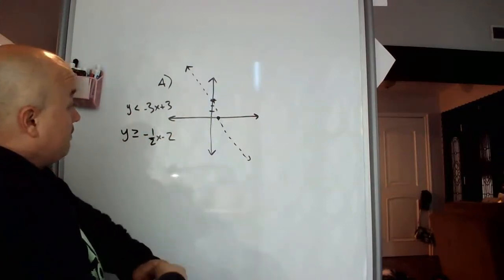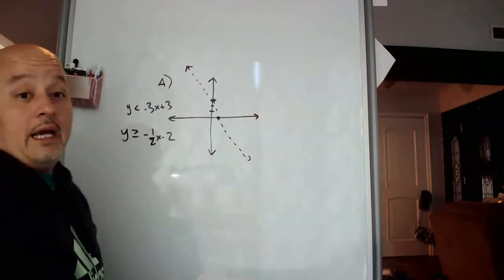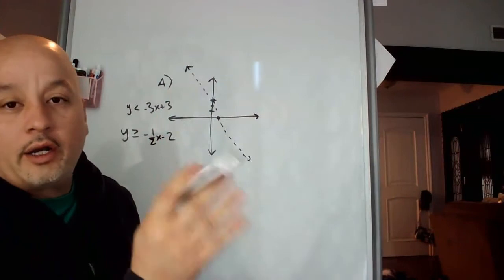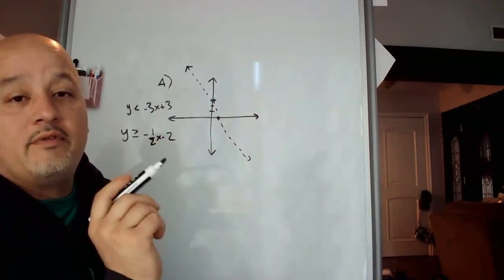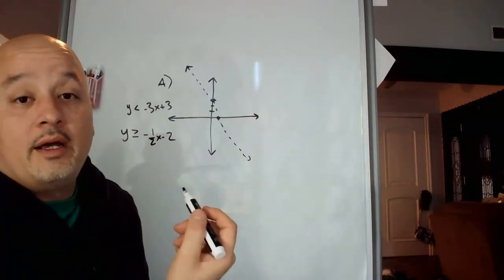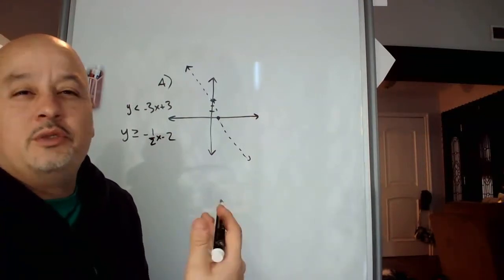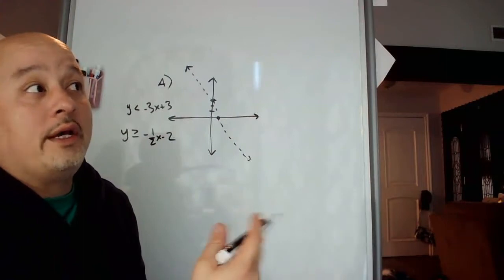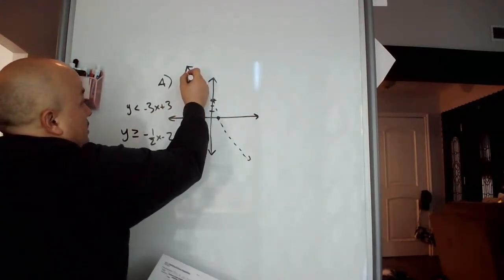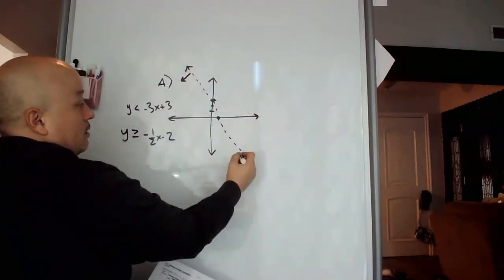The second line, oh wait, this is what I like to do. Some people will shade both lines and then darken in where both lines get shaded, but for me, when I'm graphing a system of inequalities, before I even shade, I'll just use arrows to point where I should be shading. So this line says less than, meaning it should be shaded below the line.